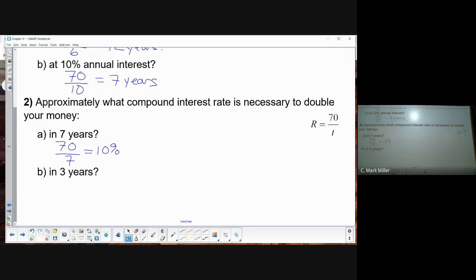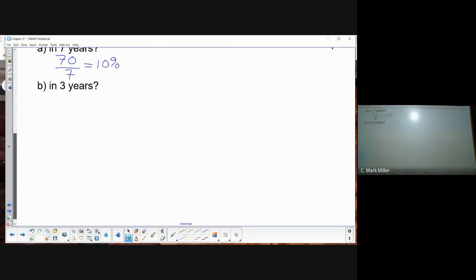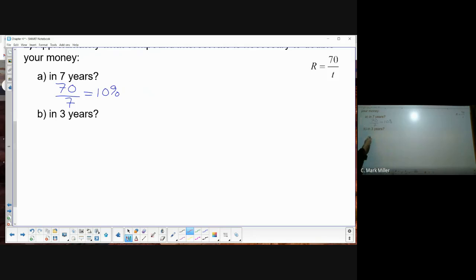In 3 years, this is the special case where you use 69. Whenever it's 3 or 23, because those are the only two things that go into 69 evenly. So if it's 3, you divide into 69, and that is 23%. So if you want to double your money in 3 years, you need 23% interest. That's it. That's the rule of 70, 72.